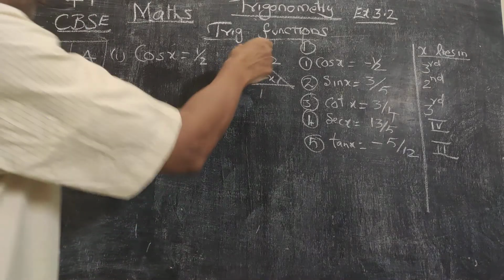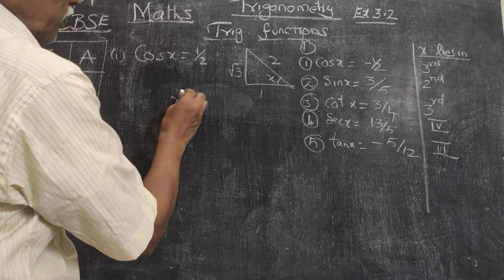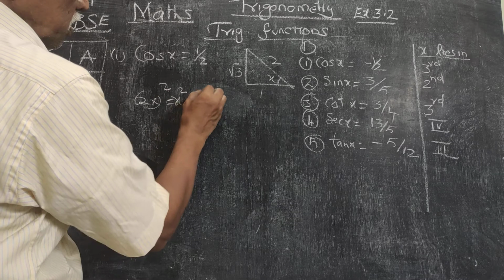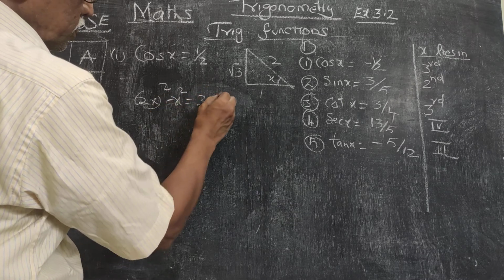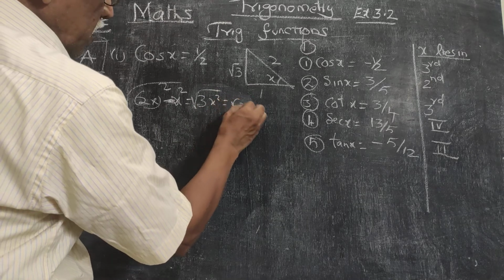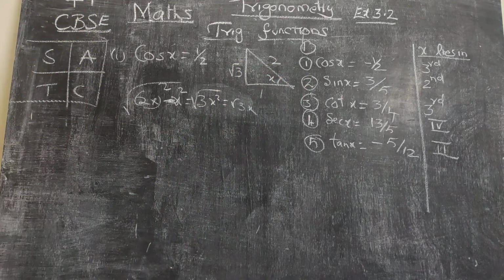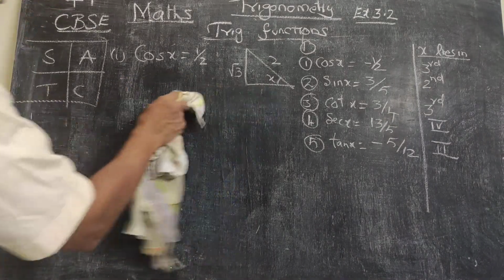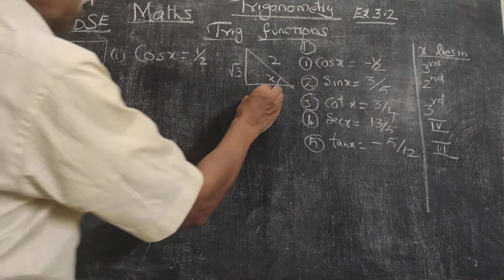Instead of just putting 1 and 2, you can write x and 2x, the whole square, so that is equal to 3x square. So the square root of that is √3 times x, and that x will cancel. I have avoided that and simply found the third side as √3.